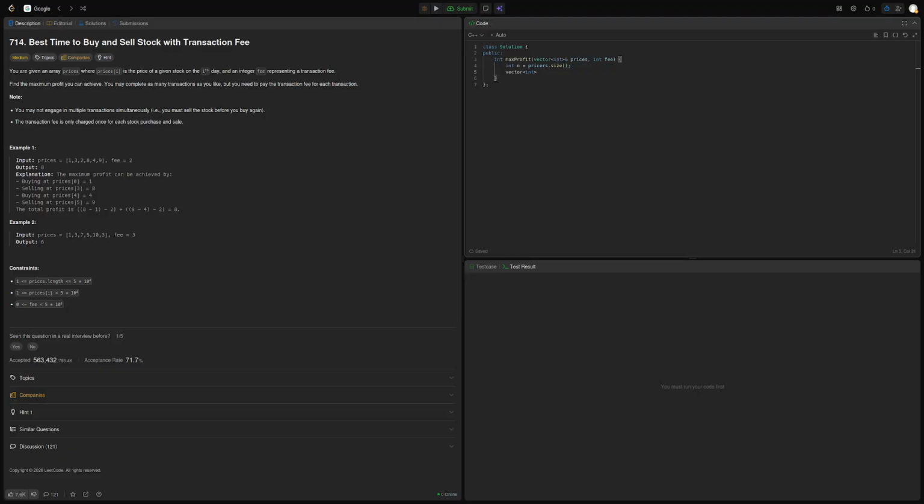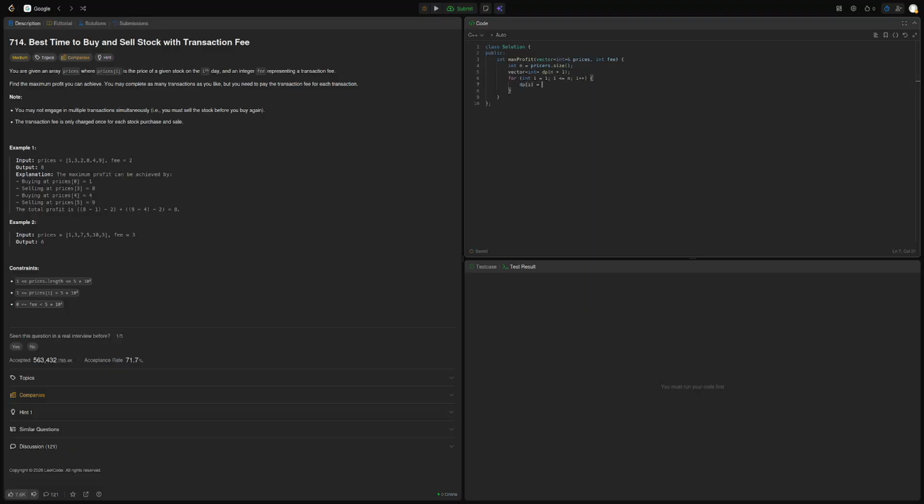But wait. Gain it here, gain it here. So that's actually that divided by 2, so it should be okay. dp of n plus 1, okay.